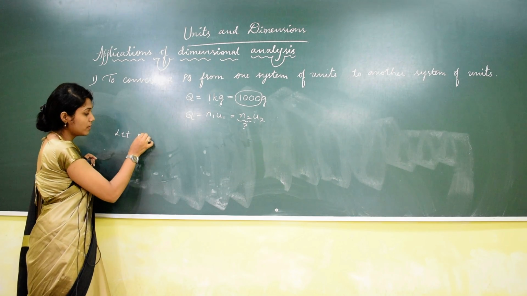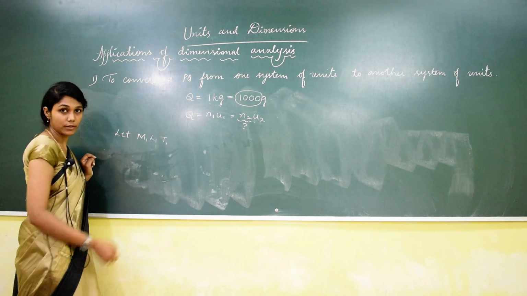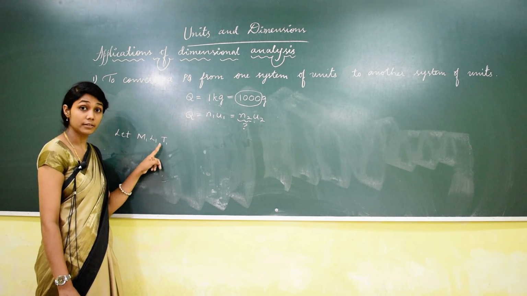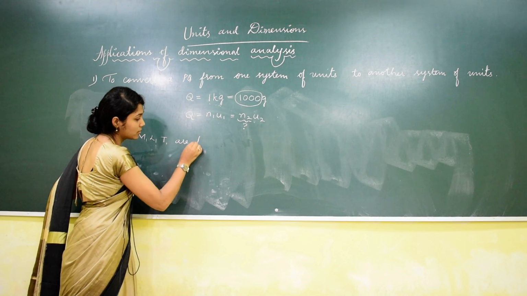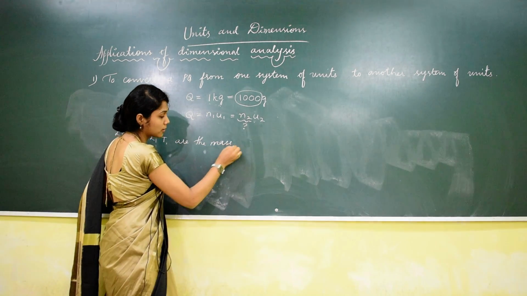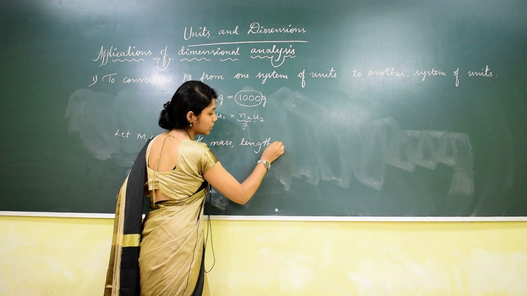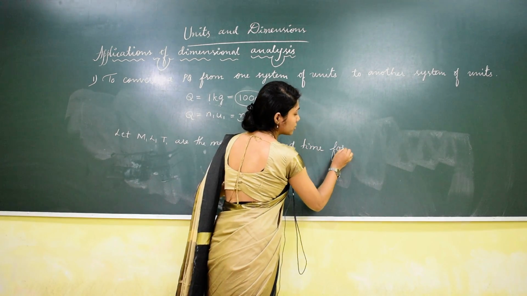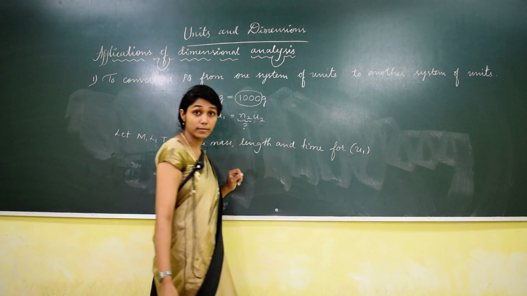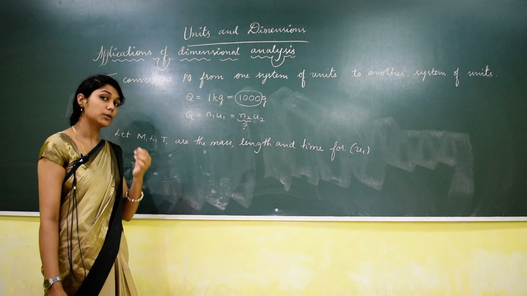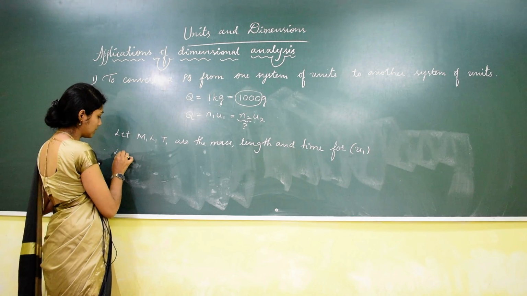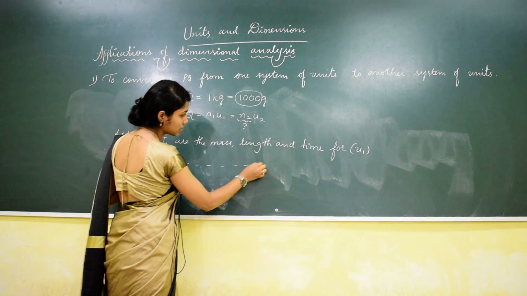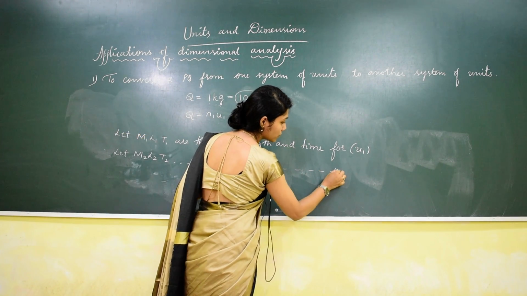let M1, L1 and T1 are the mass, length and time for the size of the unit U1. Similarly, let M2, L2, T2 are the mass, length and time for the size of the unit U2.